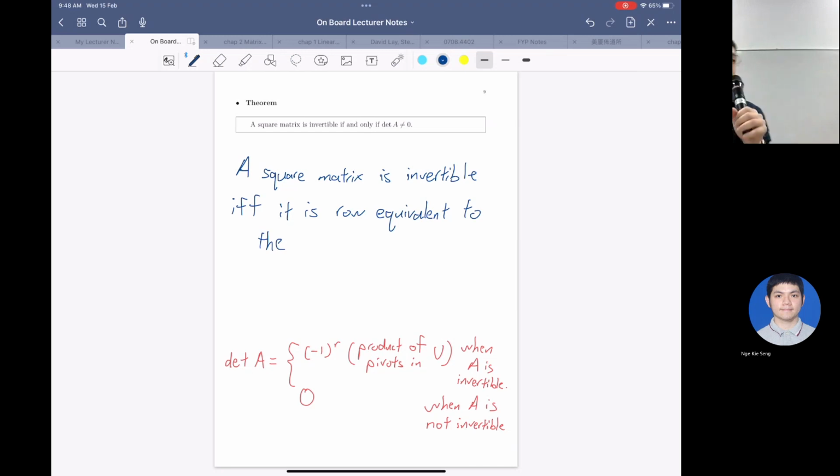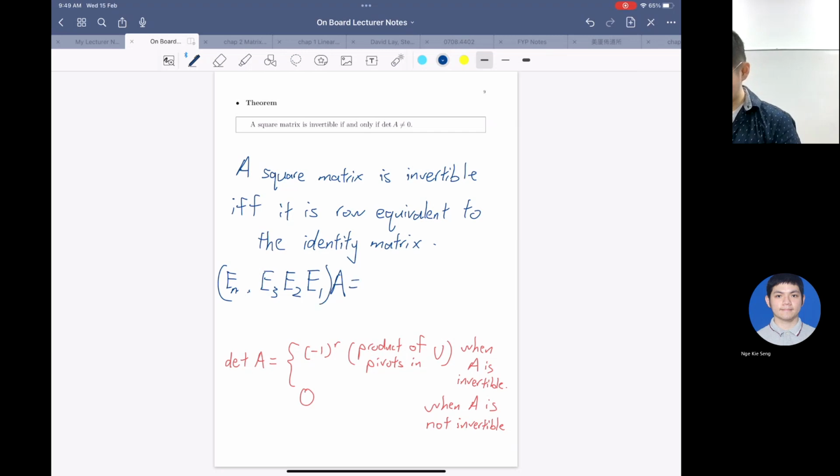A square matrix is invertible if it is row equivalent to what? The identity matrix. Recall what we did last time: we have an A, and we multiply a sequence of elementary matrices such that it is equal to the identity matrix.